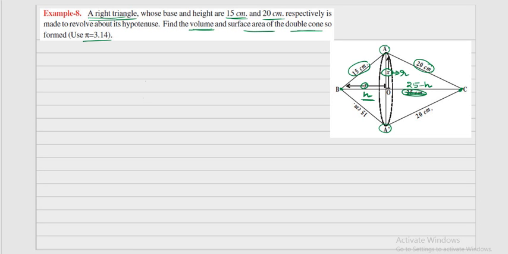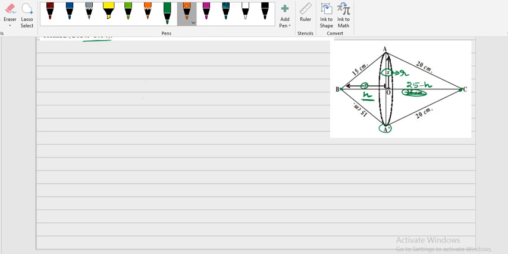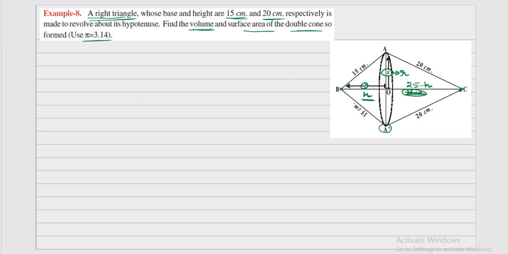Okay, now let's get into the problem. How to solve all these things? First of all, this is my right angle. If I consider this angle as theta, then this angle becomes 90 minus theta.